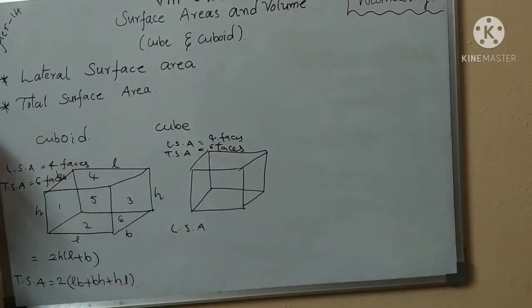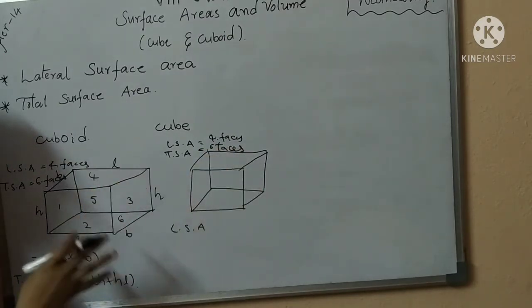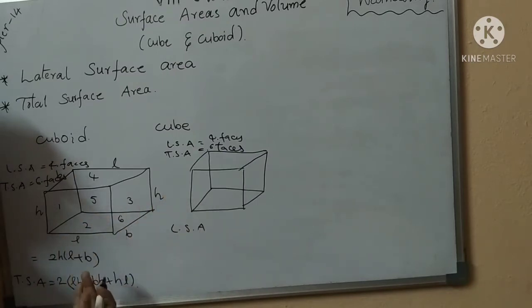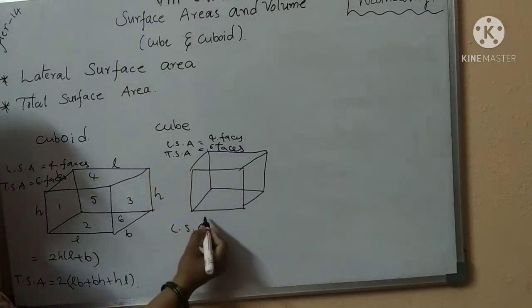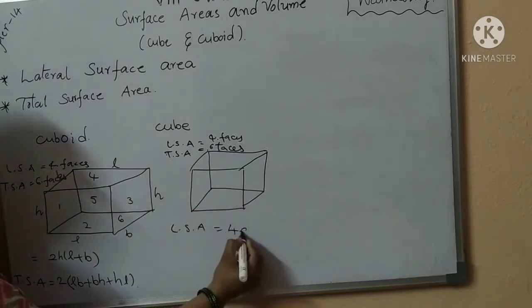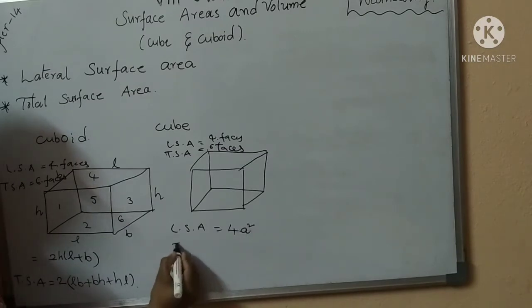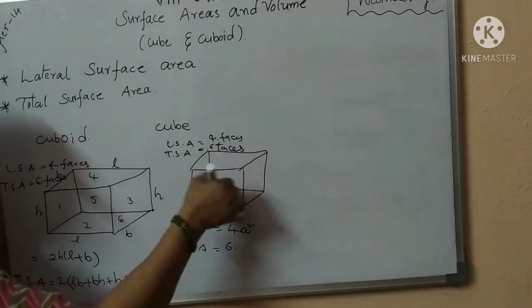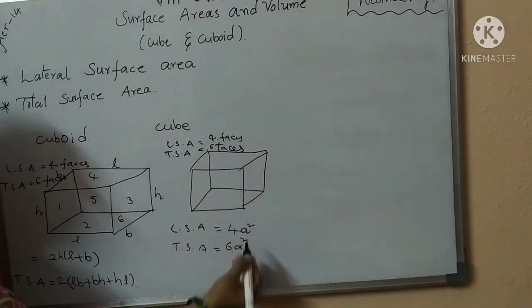Lateral surface area means, except top and bottom, adding all the remaining surface areas. We know the area of a square is a squared. Lateral surface area has only 4 faces, so we write 4a squared. Total surface area, total means how many faces? 6, so 6a squared.